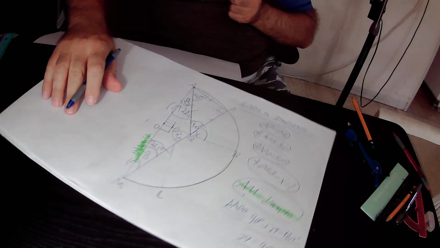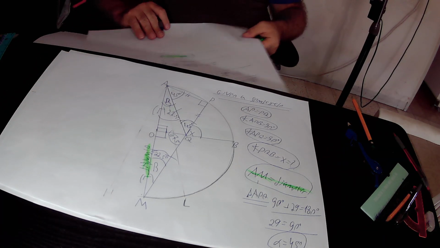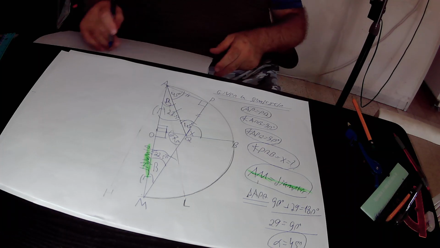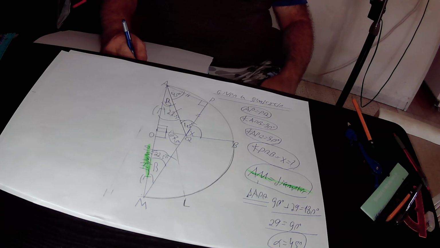We have the rule that says that vertex angles are equal to each other.